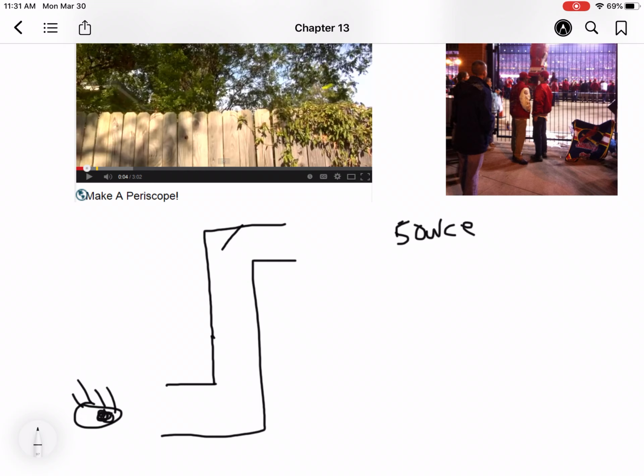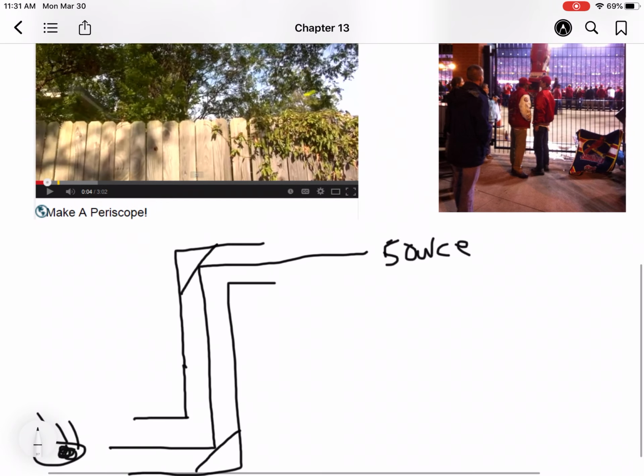You basically have two mirrors in here, and any light that comes in is going to hit this mirror, bounce down, and then bounce over. It's basically two 45-degree angle mirrors.